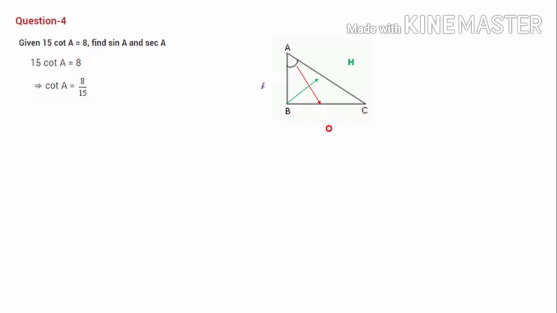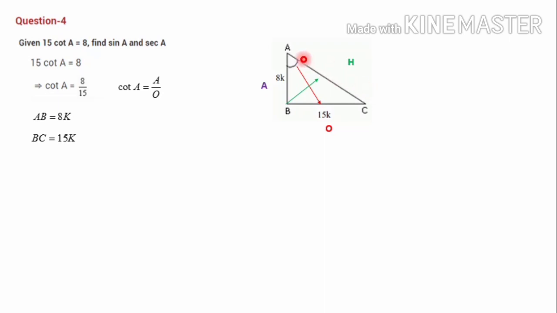The leftover side I take as A. Then let's recall the formula for cot A. Cot A is equal to A divided by O, so A is 8k and O is 15k. We write 8k and 15k on the respective sides. Then AB is 8k and BC is 15k, labeled on the diagram.